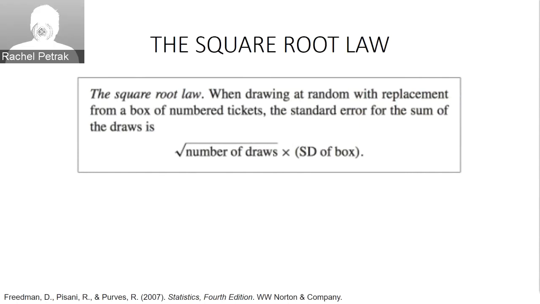And so if we have a smaller standard deviation, that means there's less spread in the list of numbers in a box, and we'll be able to predict more accurately, or have better predictions, using our standard error predictions for the sum of draws from the box.